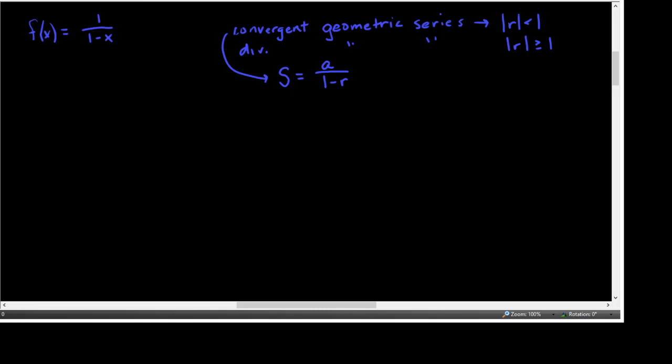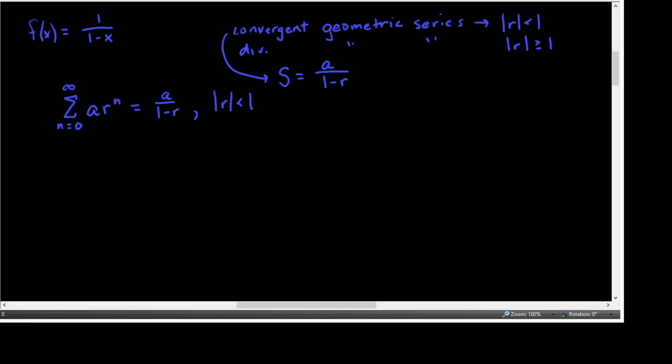So if we consider your generic geometric series, that's our first term times r to the nth, starting with n equals 0. As we said, that converges to a over 1 minus r when the absolute value of r is less than 1. Otherwise, it diverges, does not converge to a sum.